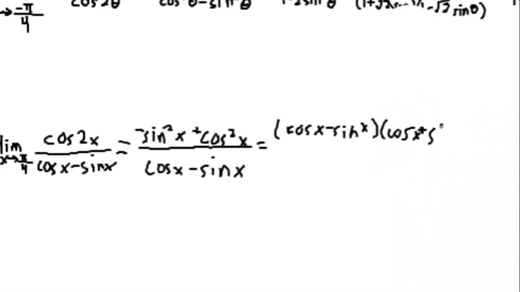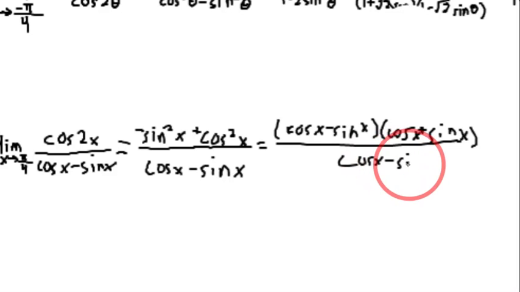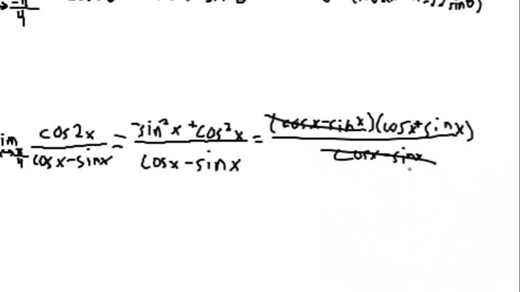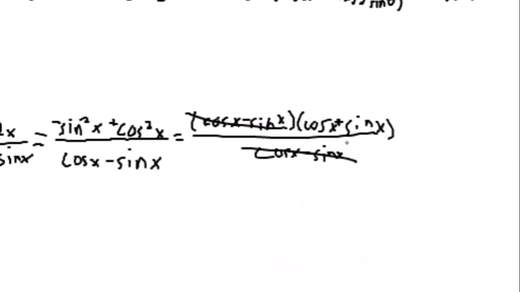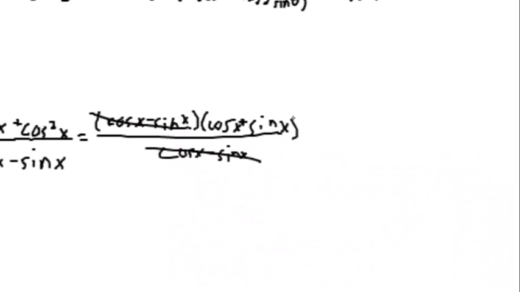And so the order for that one doesn't matter. All of that over cos x minus sine x. So these are going to cancel, leaving you with just cosine x plus sine x.